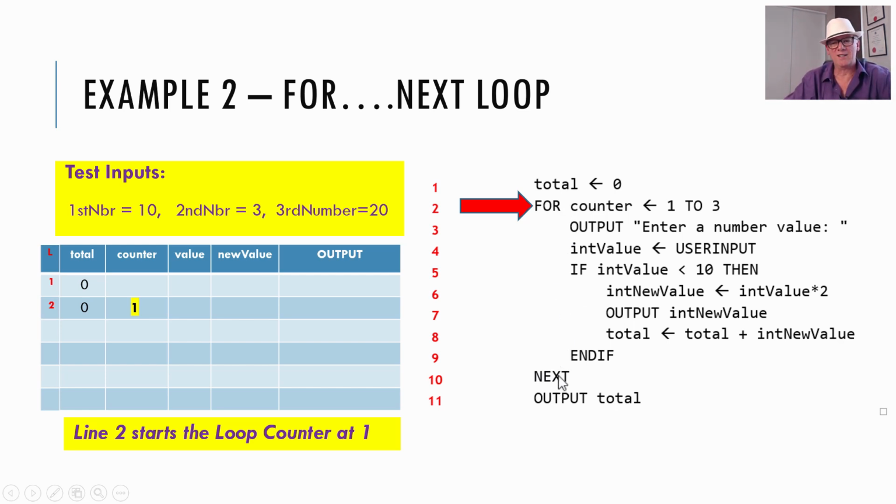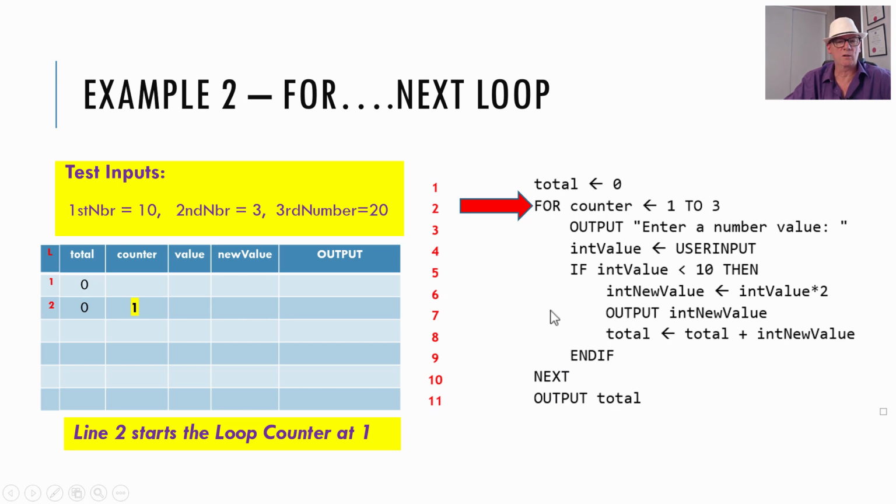So this is a for next loop. And what's going to happen is 3 times all of this stuff that's pushed in, indented, is going to get done 3 times. All right, and then we're going to stop, and then we'll drop down to do whatever is after that next.